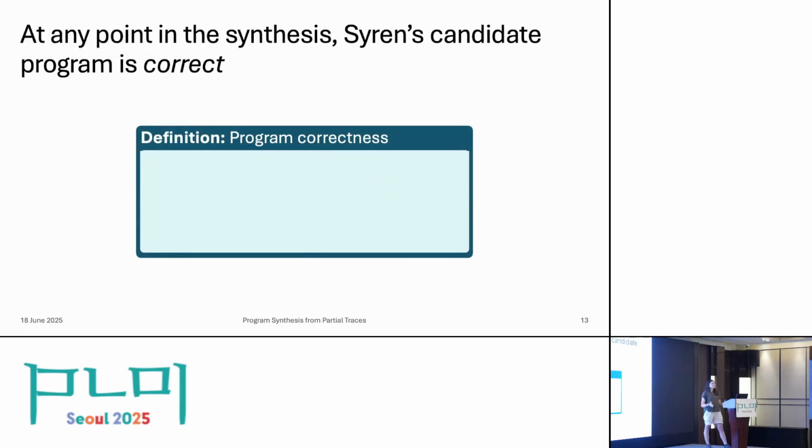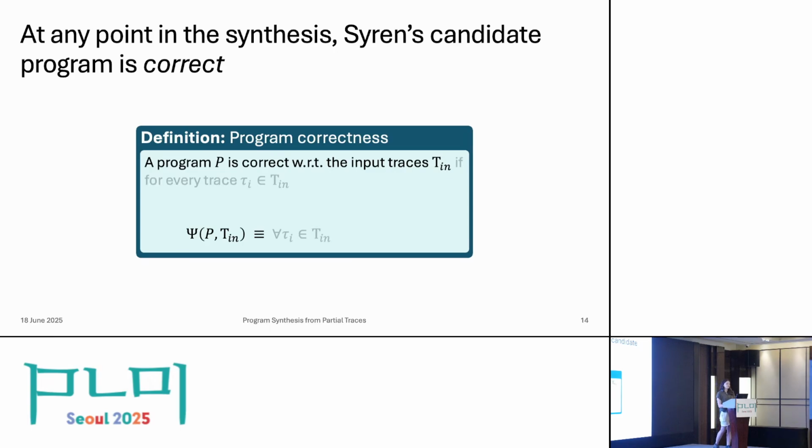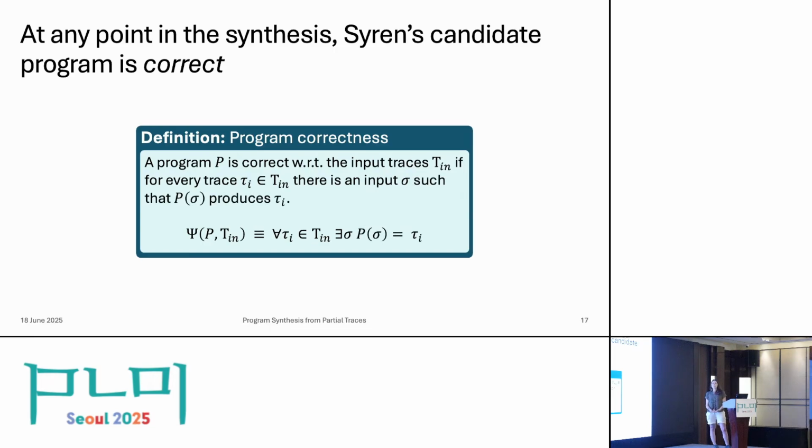And at any time in synthesis, Siren holds a candidate program that is correct. It satisfies our correctness constraint, which is as follows. We consider a program P to be correct with respect to our input traces if for every trace there is an input sigma such that P executed over this sigma will produce that very same trace.